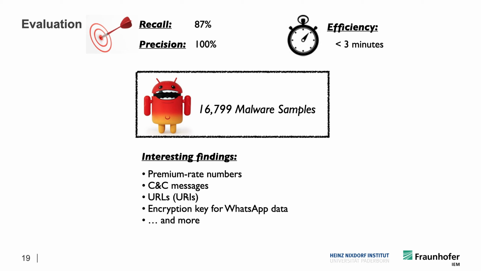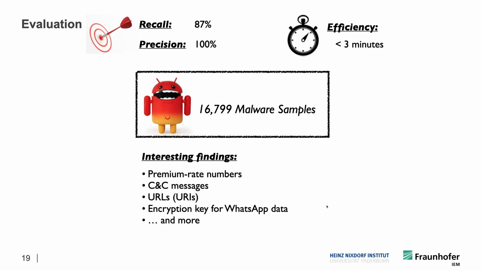And we were also able to extract certain URLs, and also, interestingly, an encryption key for WhatsApp data. I'm not sure that is still applicable these days, but back then WhatsApp had its database protected with a single static key that was actually embedded in the app, and we were able to extract that. And a lot more.